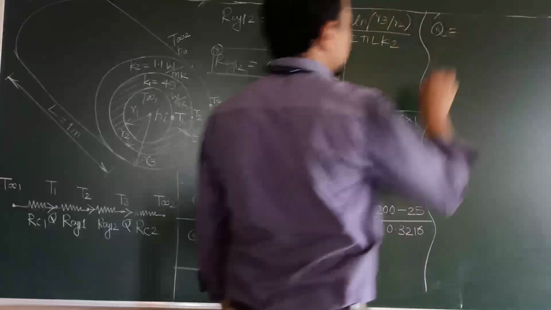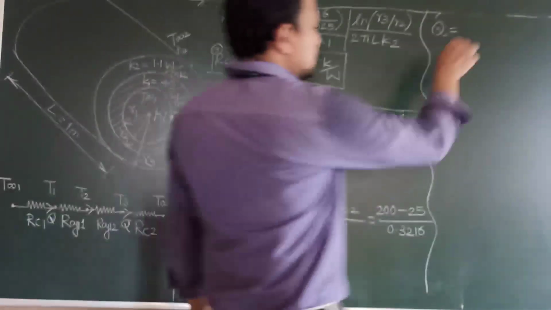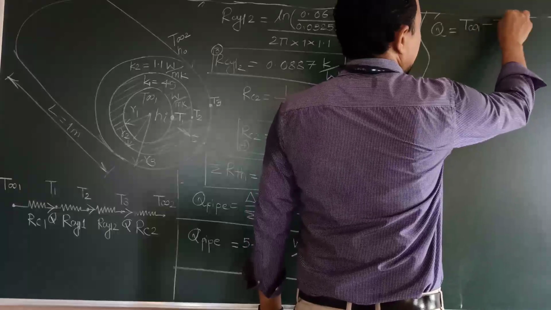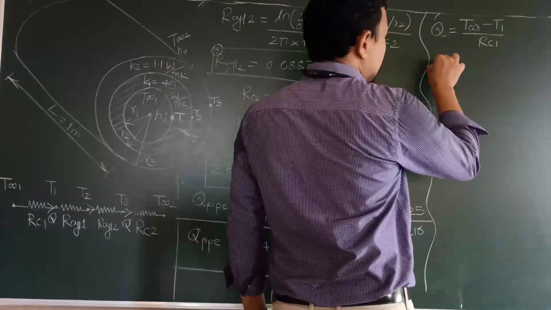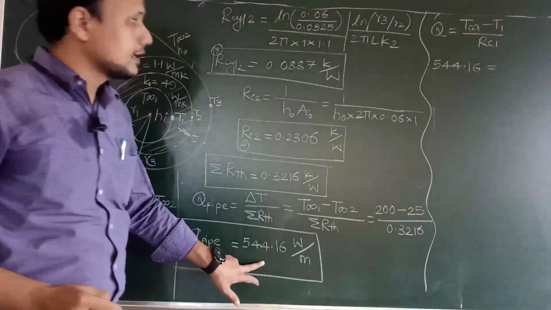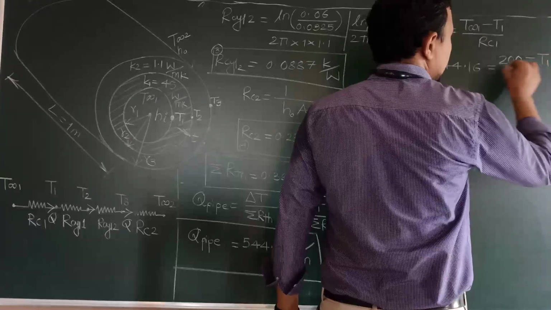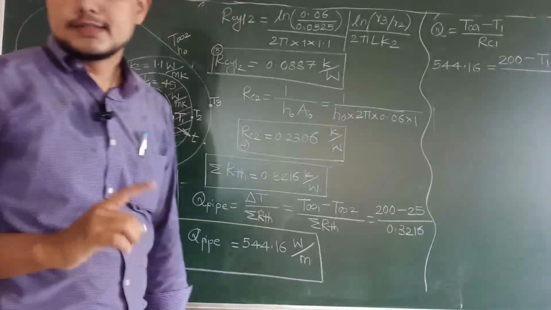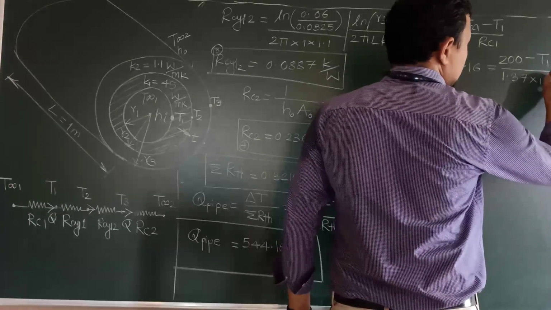So Q is equal to, first I should target this section, T infinity 1 minus T1. Why? Because it helps me to consider only one thermal resistance, which is RC1. So Q is equal to T infinity 1 minus T1 upon RC1. Now we will substitute the values: 544.16, which you just calculated, T infinity 1 is 200, known to you, minus T1 is the unknown quantity, and RC1 is the known quantity, which is 1.37 into 10 raised to minus 3.